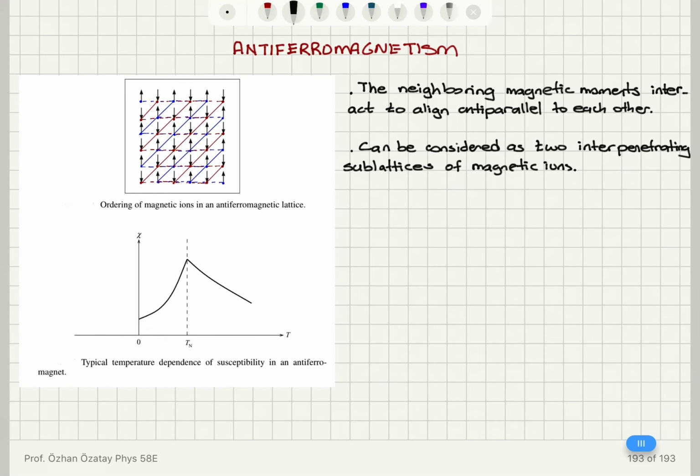And for temperature less than the Néel temperature, there is spontaneous magnetization in each sublattice.